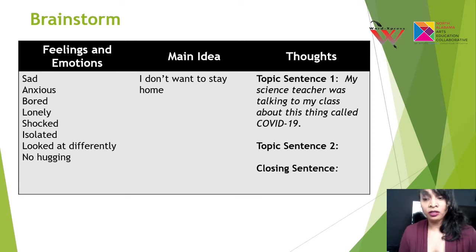Just 5 to 6 sentences. And make sure you have your topic sentence included. So go ahead and pause this video, and once you're done with writing your topic sentence on the Brainstorm cheat sheet and writing your first introductory paragraph, then come back and we'll get started on paragraph 2.